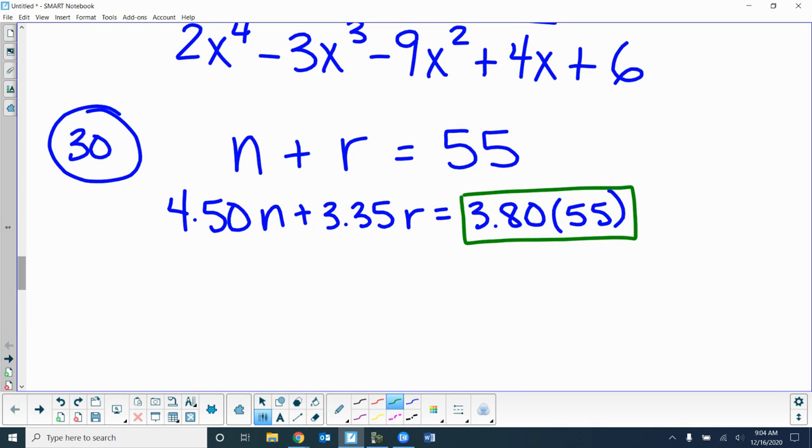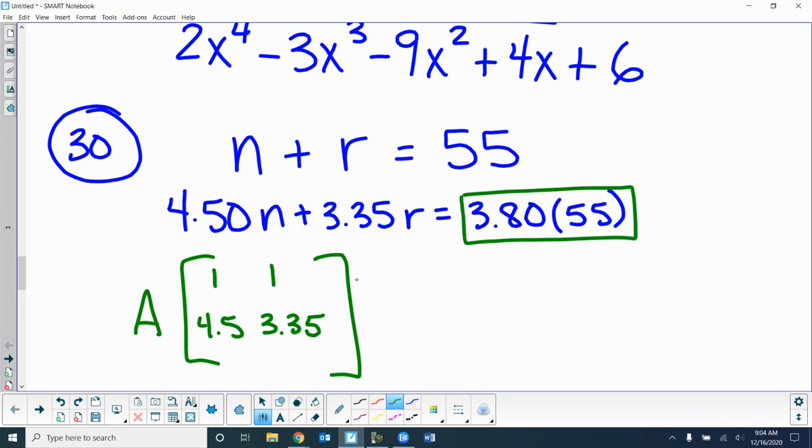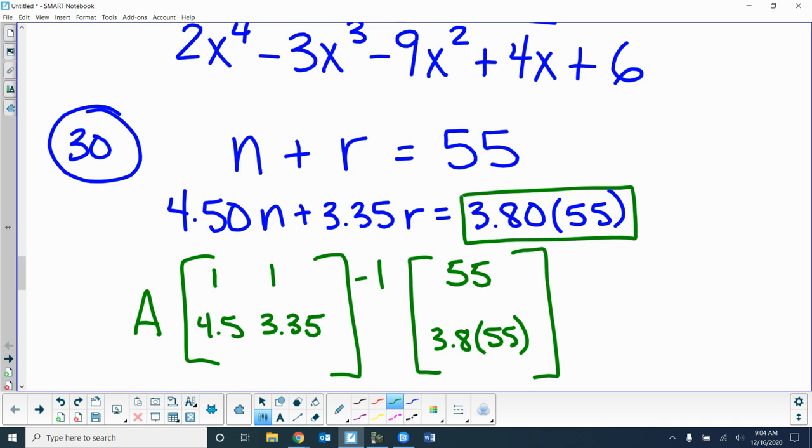So again, I would just do my A matrix: 1, 1, 4.5, 3.35. In my calculator, inverse, and then 55. And you can just put 3.8 times 55, and once you hit enter, when you're putting it in your matrix, it'll give you that answer, whatever it is.